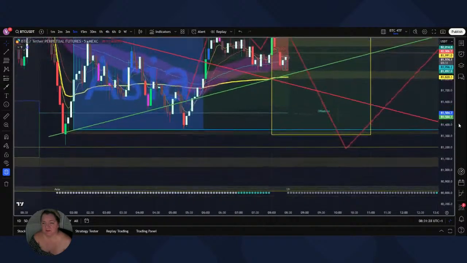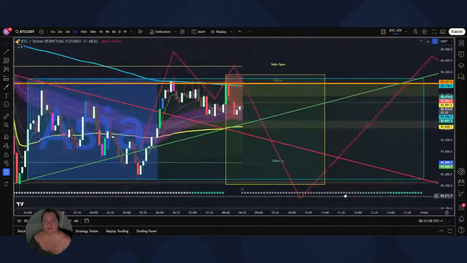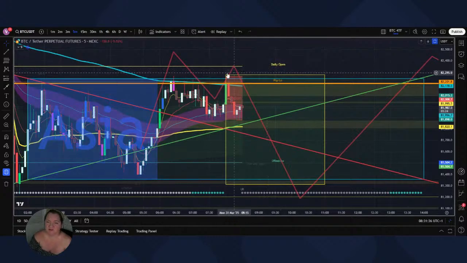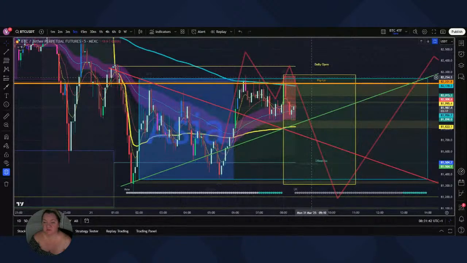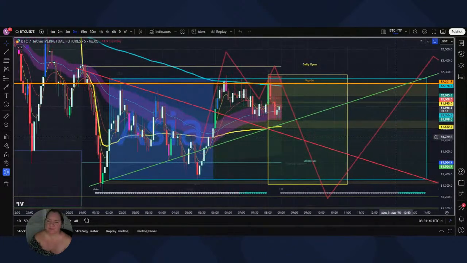Because we do have a lot of those confluences in both directions. There's a lot of resistance levels here. Getting market maker candles, psychological low, 200 moving average, top of the Asia range sweep, all saying lower.